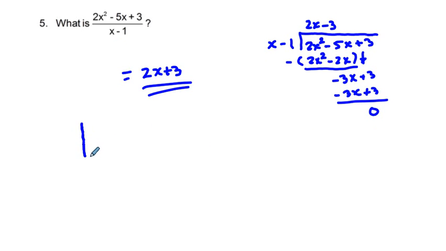If we create a synthetic division bracket like this, we take the zero of the divisor on the outside. A point of confusion is that people sometimes will put negative 1, when you're going to have to put positive 1 out here. Then we put in 2 representing the 2x squared, negative 5 representing negative 5x, and finally 3 representing the number.